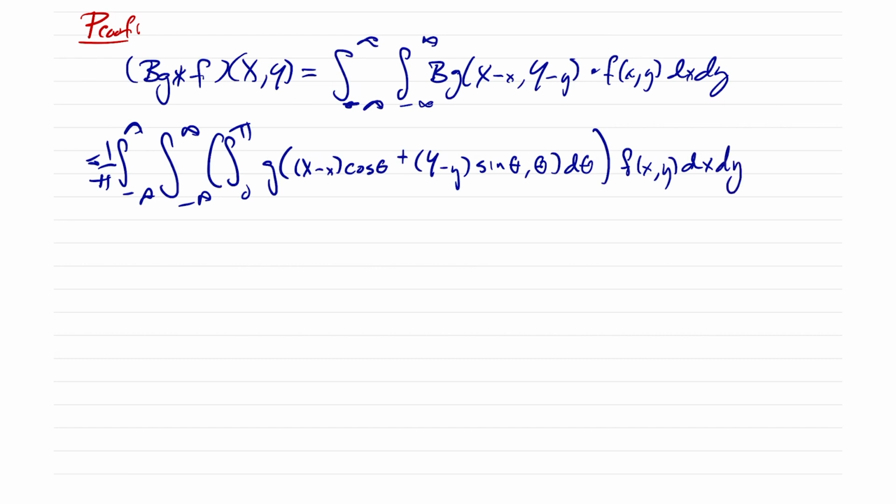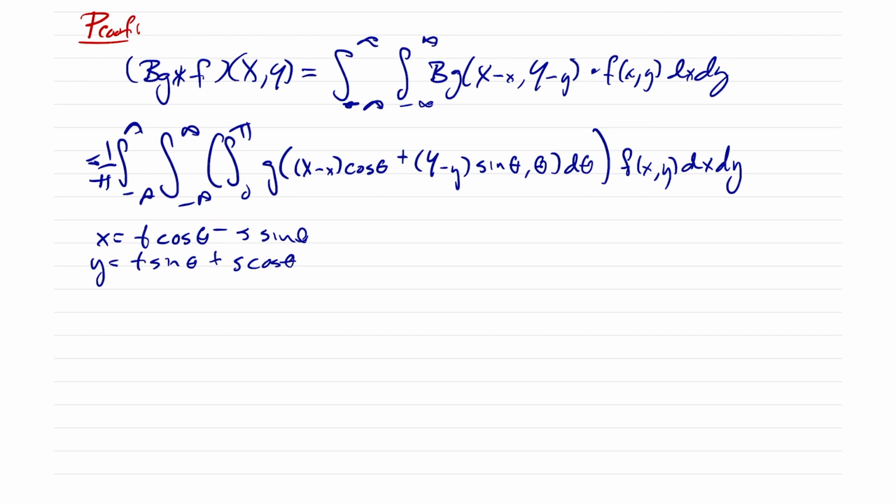Now we're going to use the same substitution we keep using over and over again: x equals t cosine of theta minus s times sine of theta, and y equals t sine of theta plus s times cosine of theta. We've demonstrated that the Jacobian of this transformation is just 1, and so dx dy is the same as ds dt.